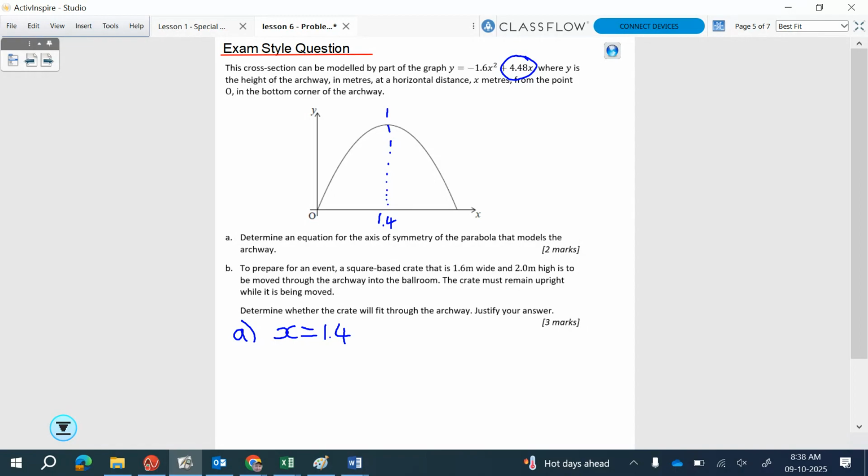I'm okay with 1.4 here in the graph because I'm labeling this point on the x-axis. But if you're asked to sketch the axis of symmetry, you need to label it with an equation. Or if asked for an equation, you give an equation. 1.4 is not the right answer. So what's missing from our picture?